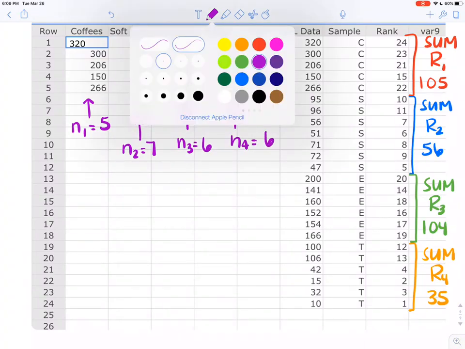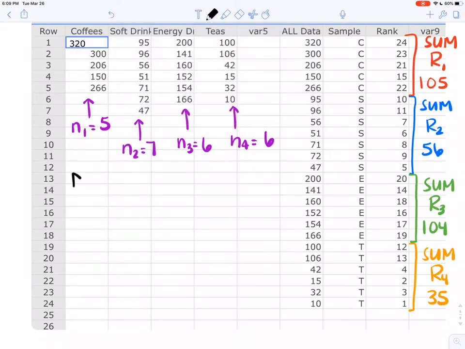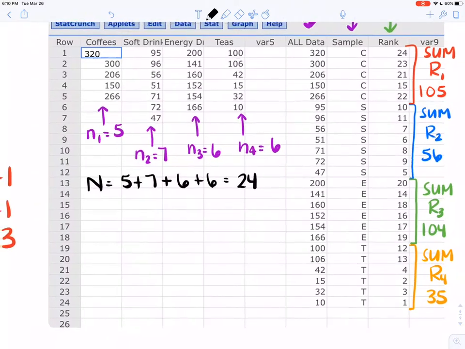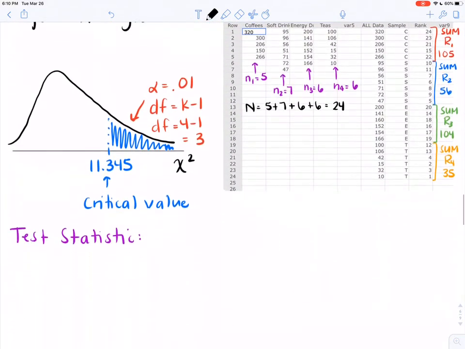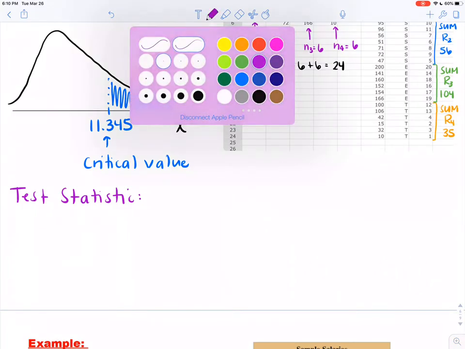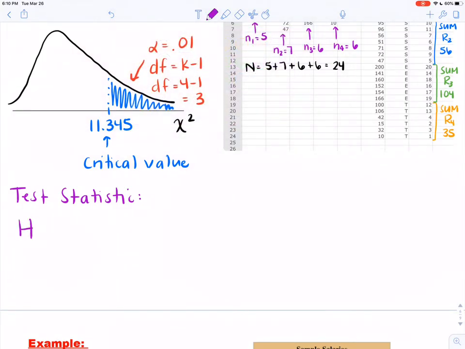Now, that means capital N, which is the total number of values, will be the sum of all of my sample sizes, which here is a value of 24. Okay, so now I have everything that I need to calculate my test statistic. You can refer back to the formula that was defined towards the beginning of the section. But what this formula will always do, it will start with a value of 12. That is part of the formula.